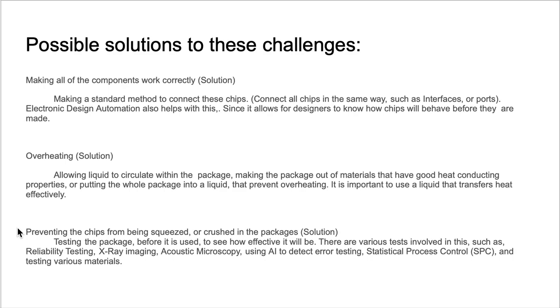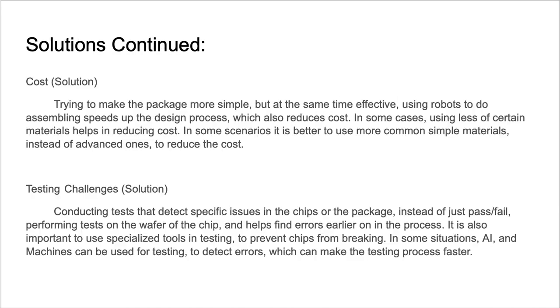Here I listed different detailed tests that help in detecting errors, like X-ray imaging, acoustic microscopy. Also, AI, artificial intelligence, and machine learning is used to detect errors in the test. There's also statistical process control (SPC). There are also different tests on all sorts of different materials that are conducted.